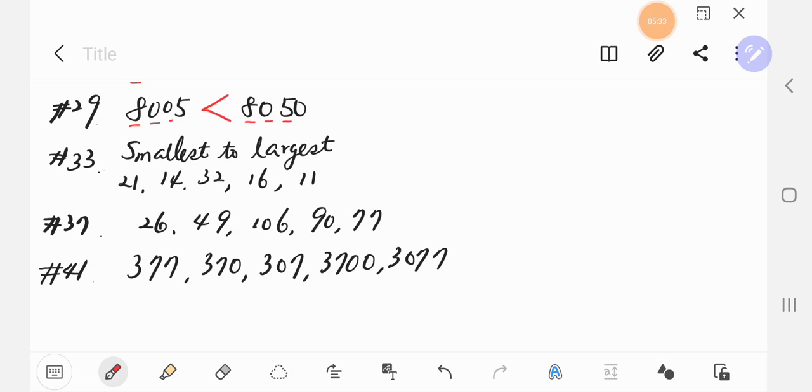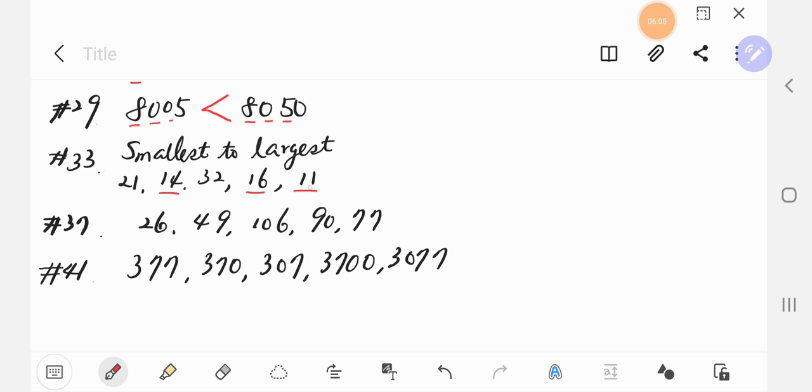Okay, number 33. Let's rearrange the numbers from the smallest to the largest. As you see, there are two decimal places, two digits. So the smallest numbers should be the ones where the tenth digit is 2, 1, 3, and 1. So these two are smaller than these three. So from this one, compare the ones digit.